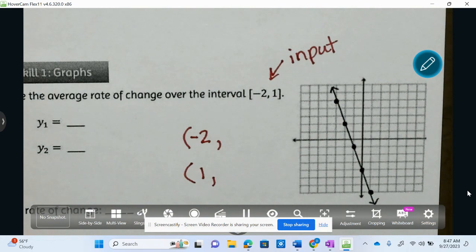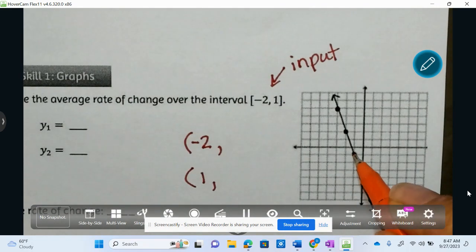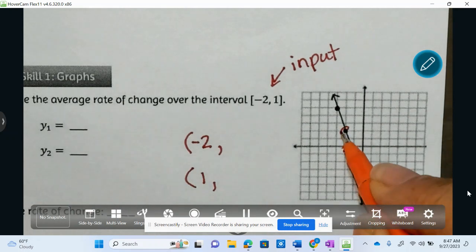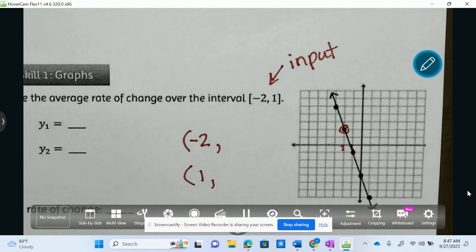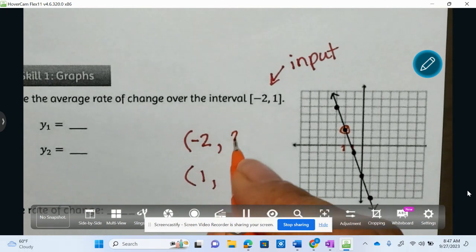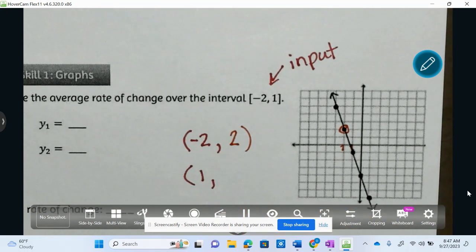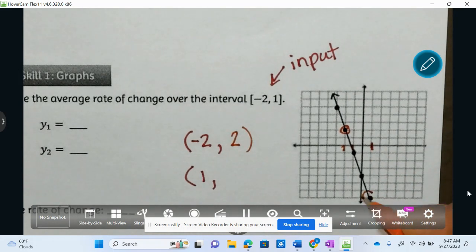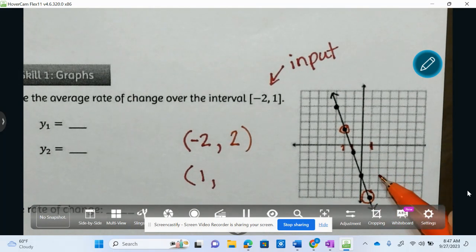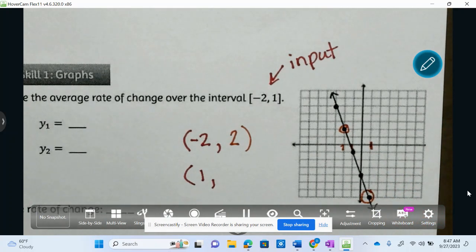When x is -2, what is my output? What is my y value? 2. +2. When x is +1, that's right here, what is my output? -7. So those are the two ordered pairs we're using.